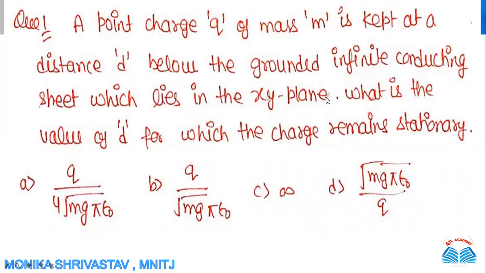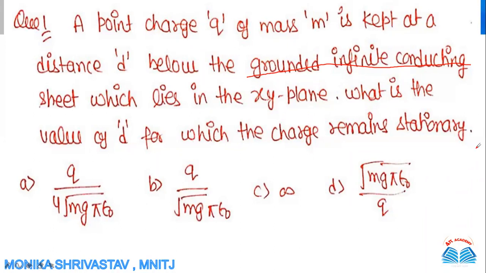So just pick this word, grounded infinite conducting. If the word grounded conducting is coming in your question, that means you will solve that question by method of images. Okay. Which lies in the xy plane, what is the value of d for which the charge remains stationary? And there are 4 options.